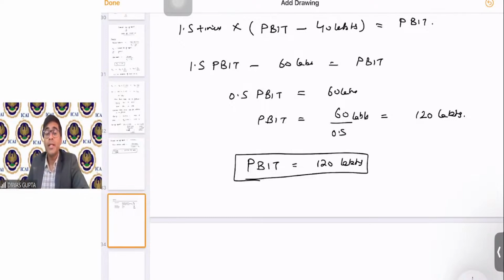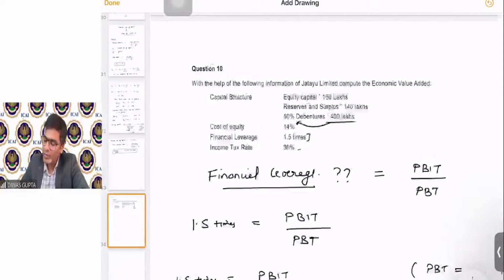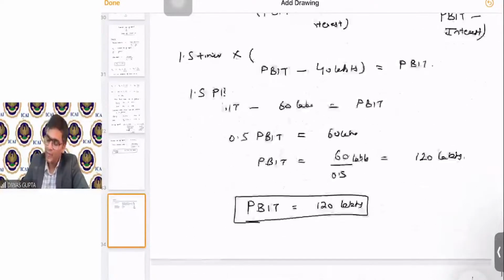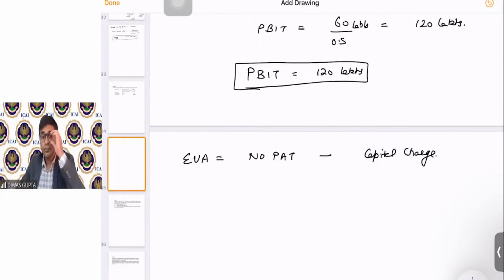Profit before interest and tax. Now, if you note that we have to calculate the EVA, economic value added. What was the formula of EVA, students? It was net operating profit after tax minus capital charge. Correct?